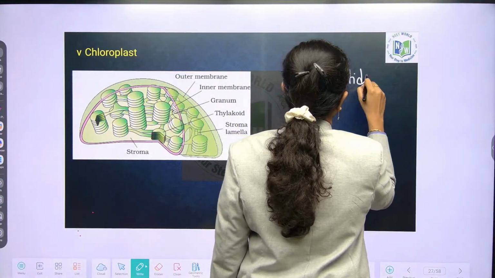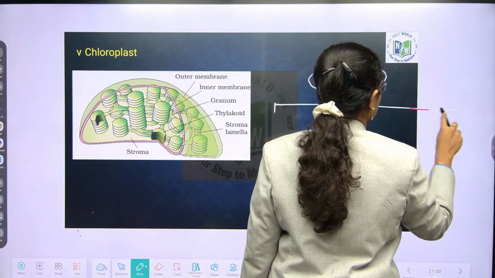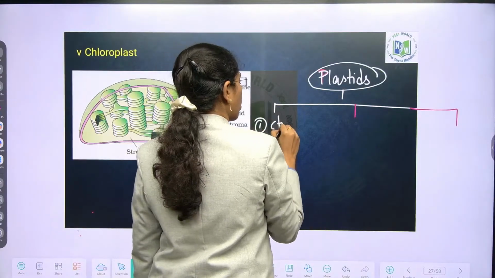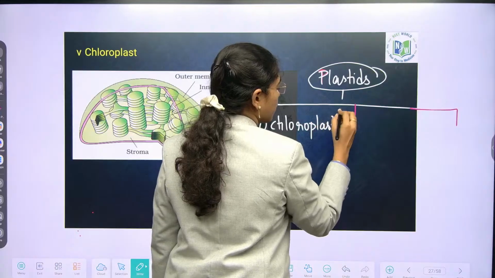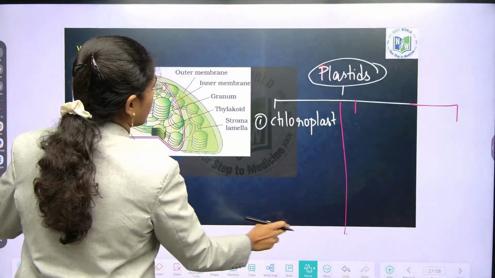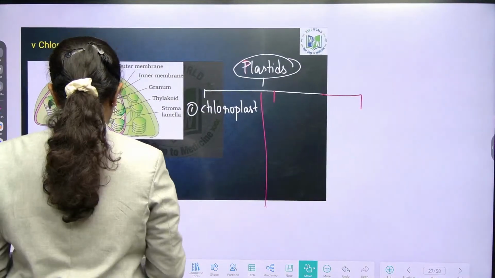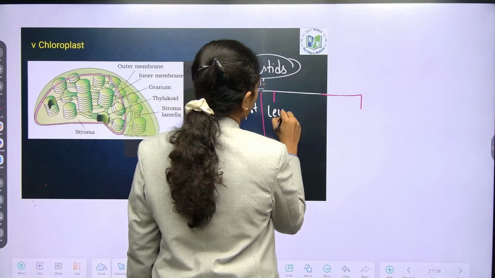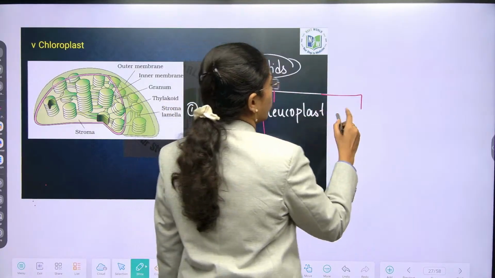First is chloroplast. Next is chromoplast.